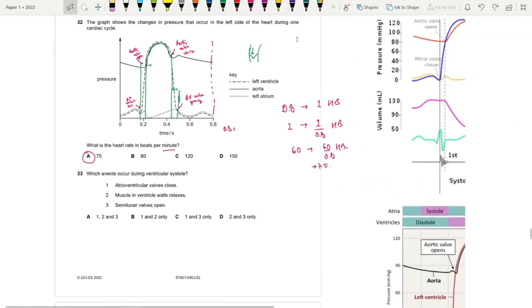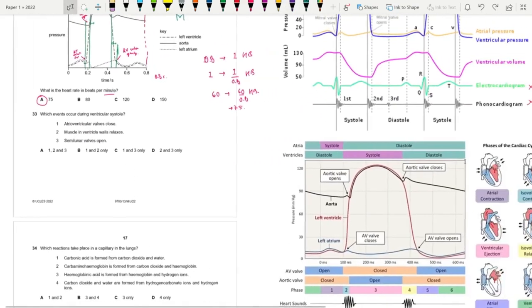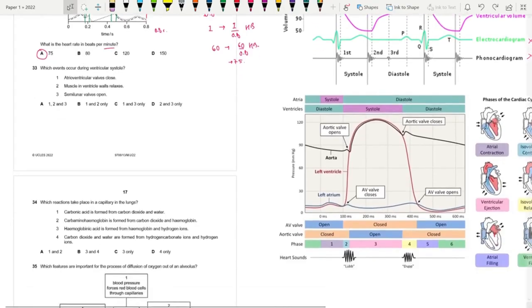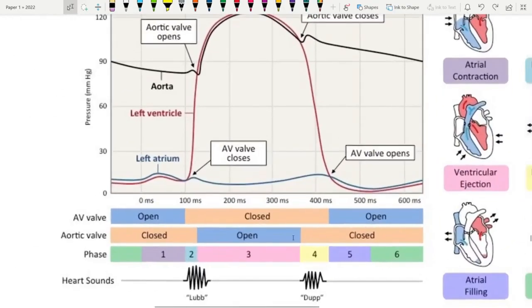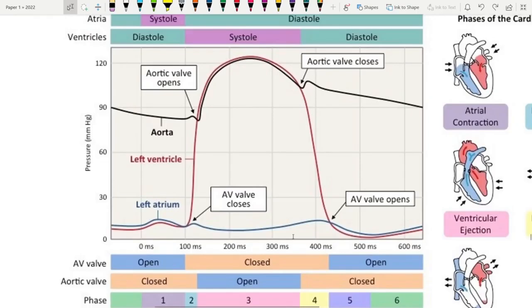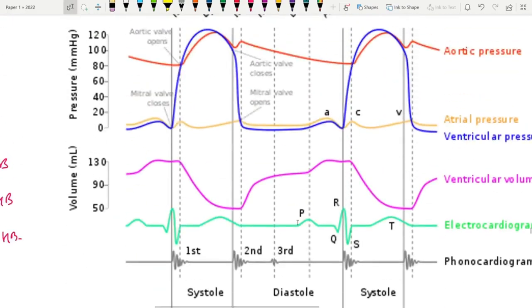Okay, so let's take a look at these diagrams now. So this is the region where both valves are closed. This is also the region where both are closed. Okay, and the ventricle is full here, but it's kind of empty here.